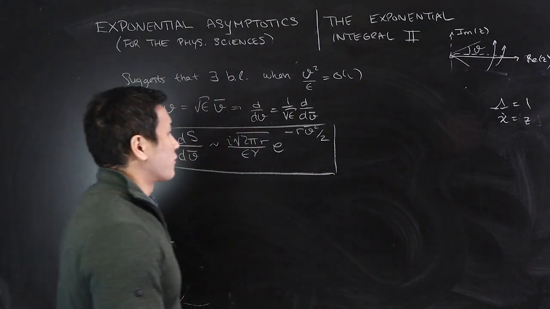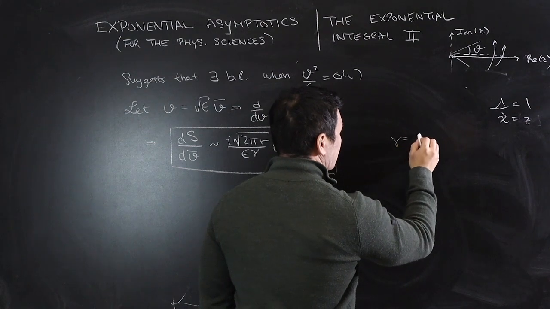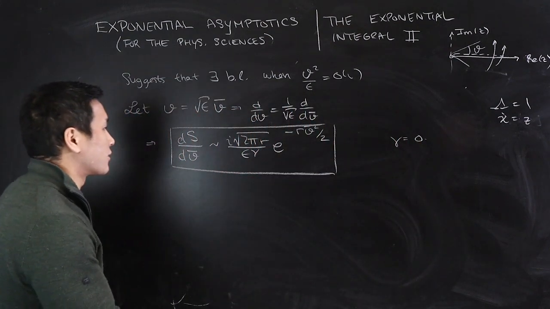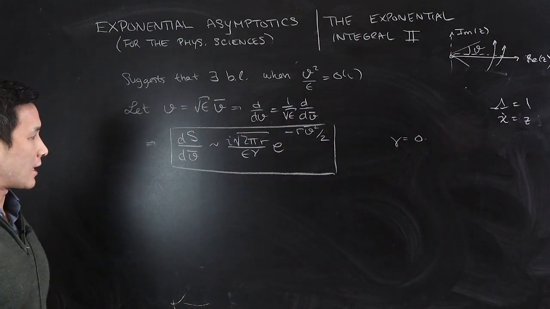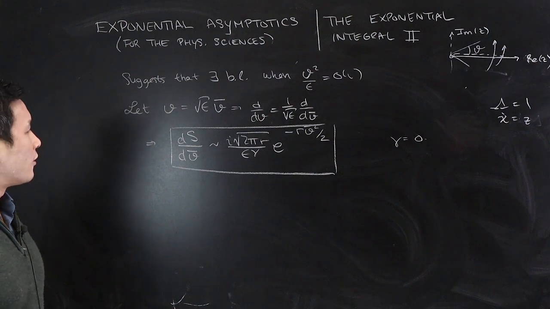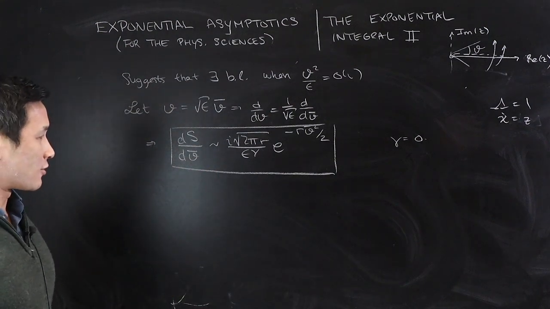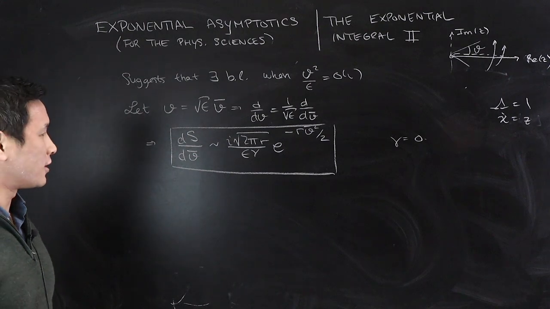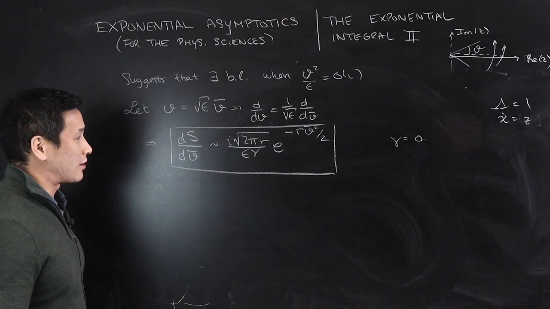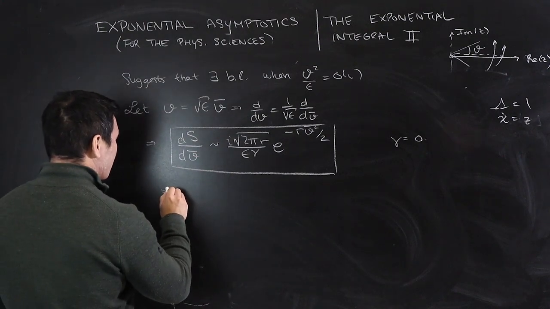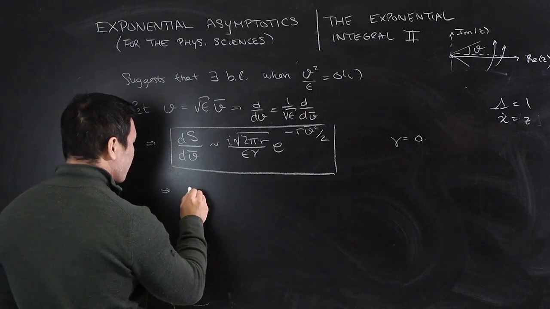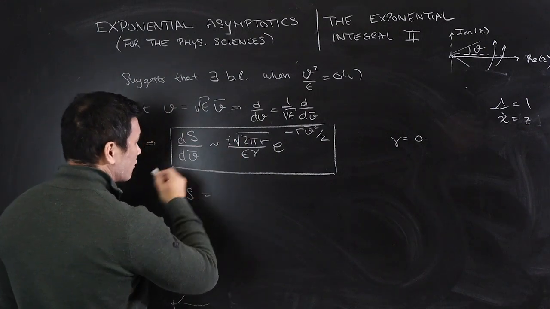Just so you remember, for the case of the exponential integral, gamma is just 0, but we've kept it general again for epsilon to the gamma here. Okay, so at the end of the day, we've come out to this, and then now we just have to integrate this from one side of the line to the other. So this tells us that this s is basically the integral of this quantity.